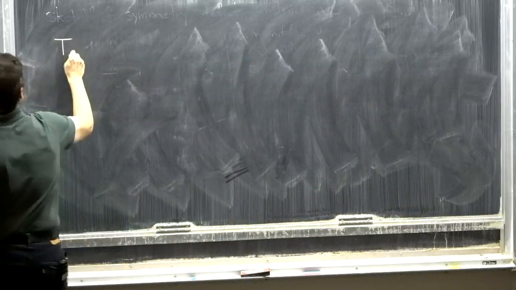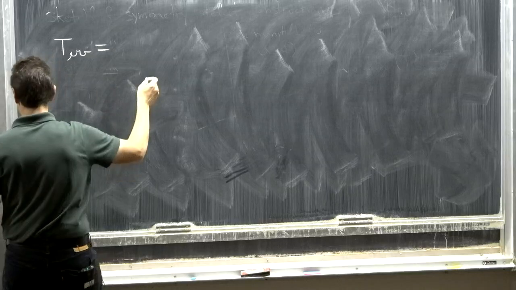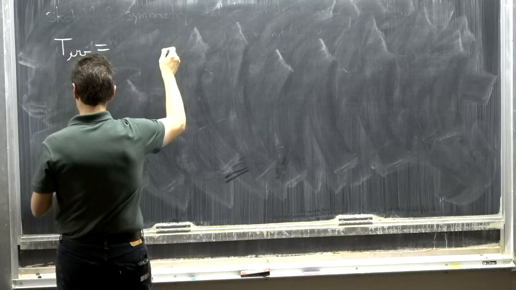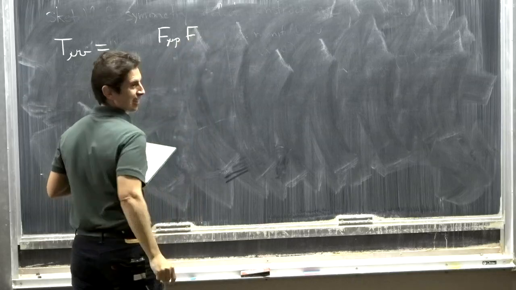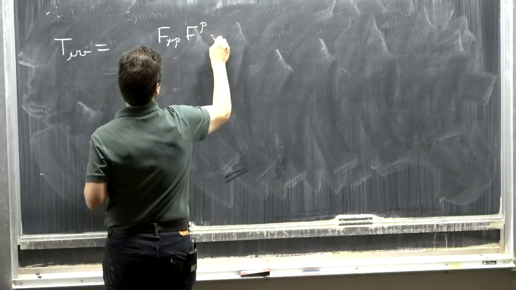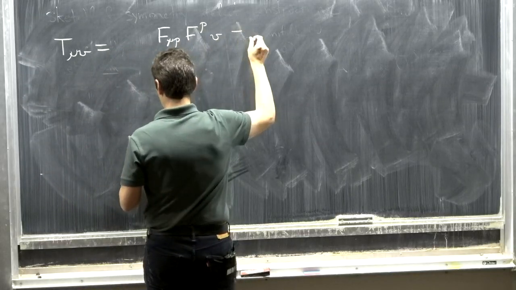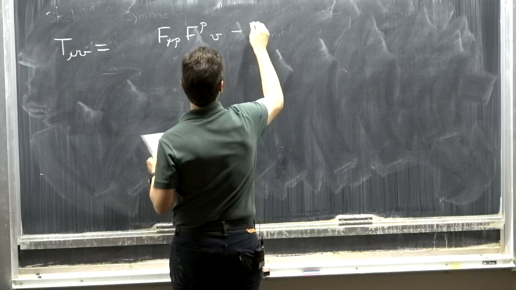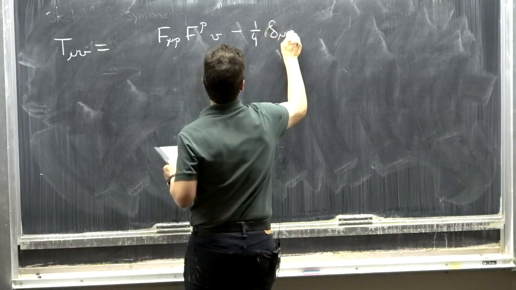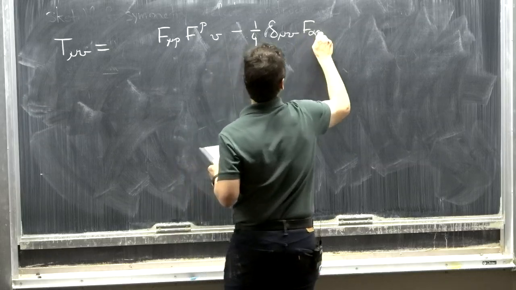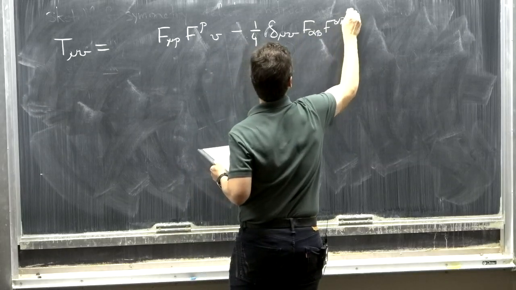T mu nu equals F mu rho F rho nu minus 1/4, let's be in Euclidean signature, delta mu nu F alpha beta squared, right?